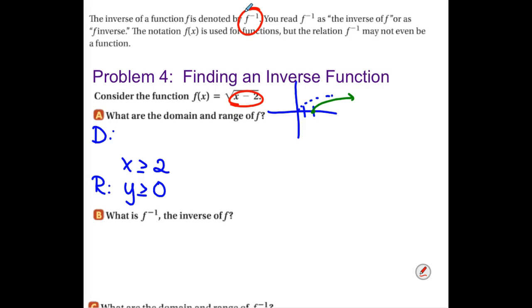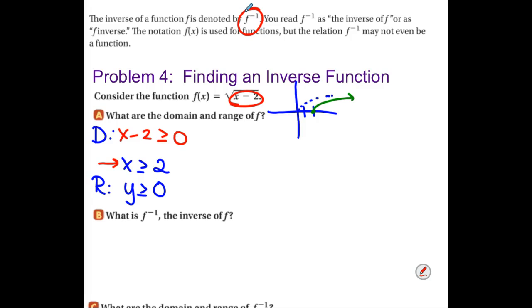So we know that x minus 2 has to be 0 or higher. If I solve that for x, I get x being greater than or equal to 2. So I can find the domain whether I know what the graph looks like or not. It's just sometimes easier to visualize it.